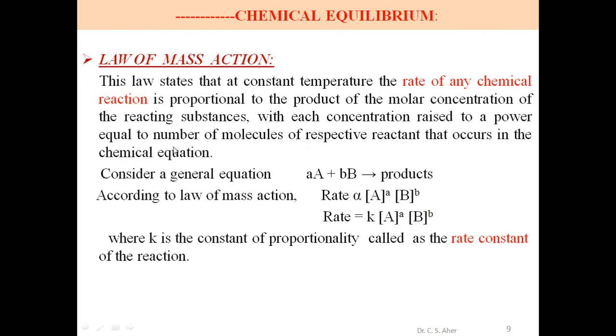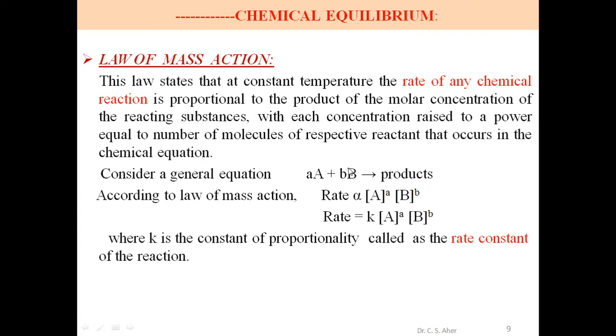So this statement is very simple. See this, consider this chemical equation: reactant A present in a moles plus reactant B present in b moles to form product. In this law of mass action, we don't bother about the product. We consider only the reacting substances.